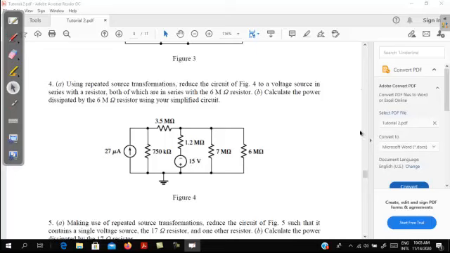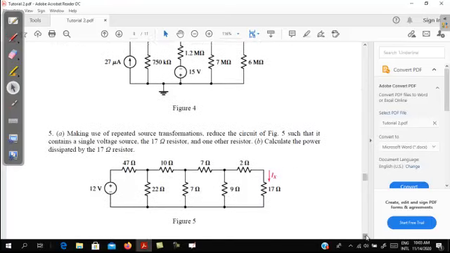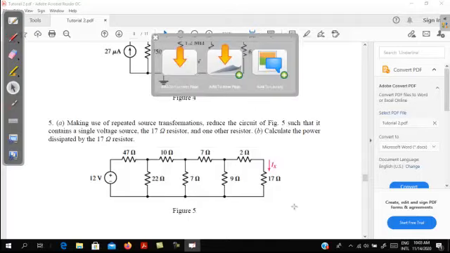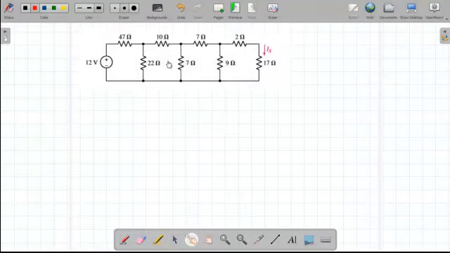So we go to question number 5. Question number 5 is just, I think, straightforward, but it's very, very long, because you need to do a source transformation many times. So we need to find Ix. So we will convert all this. We convert the 12 volt and 47 to a current source and resistor in parallel.